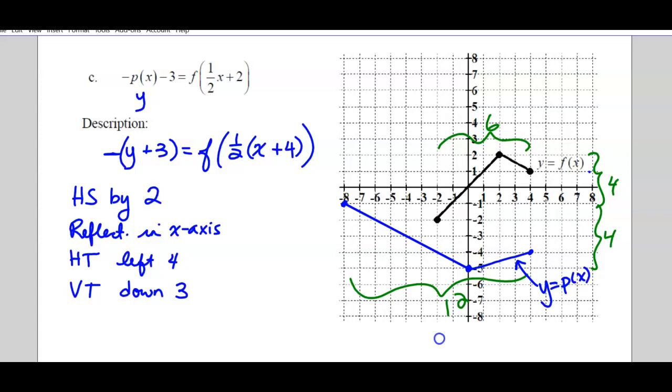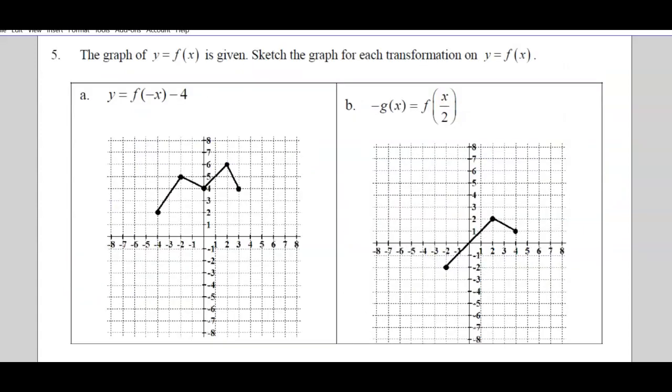So we still use y equals, the name of it is p of x, when you're graphing. Okay? So, I'm going to leave the first couple, and I'm going to do some of those, let's go to x.